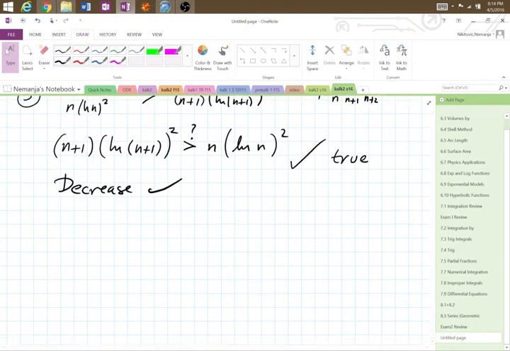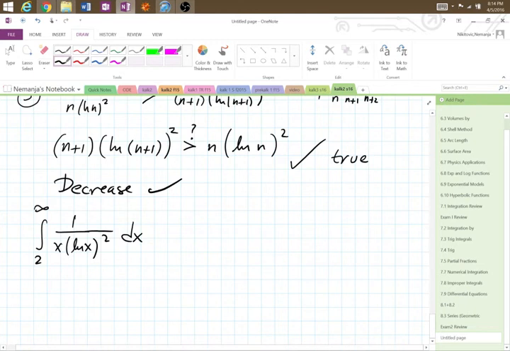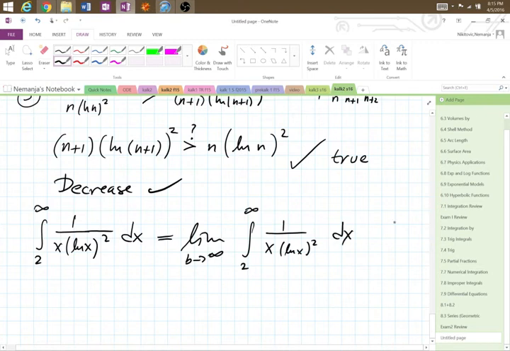So just because of that, we now can write the integral from 2 to infinity of 1 over x, open parenthesis, ln x, close parenthesis, squared dx, and we can use our u sub. First we write limit as b goes to infinity of the integral from 2 to b of 1 over x (ln x) squared dx, and then we have u equals ln x, du equals 1 over x dx, and we have all of the ingredients to solve this.